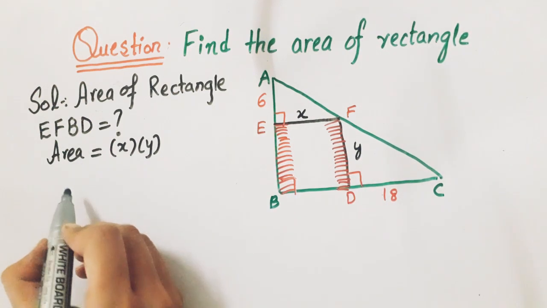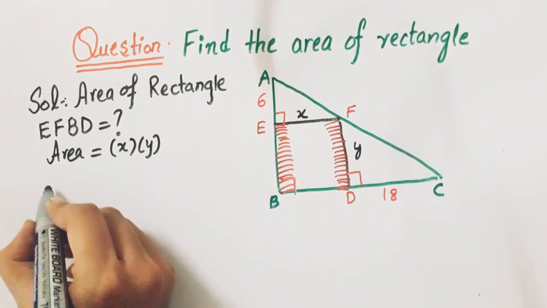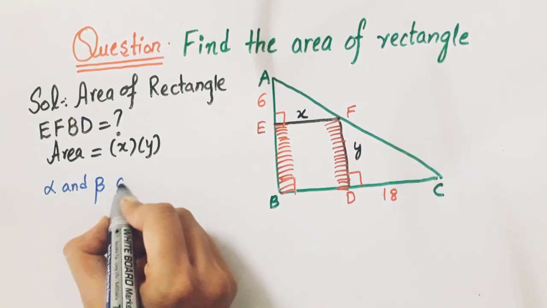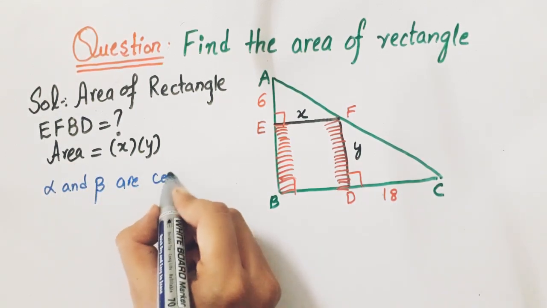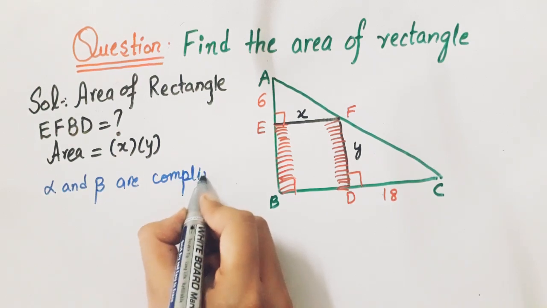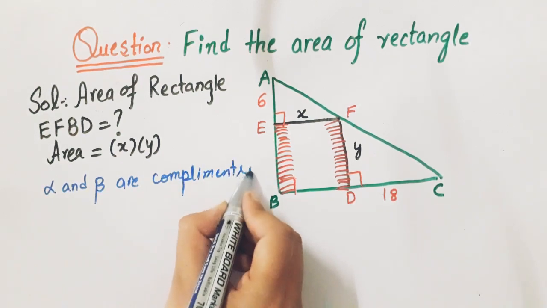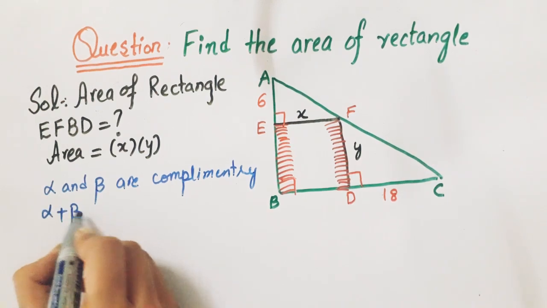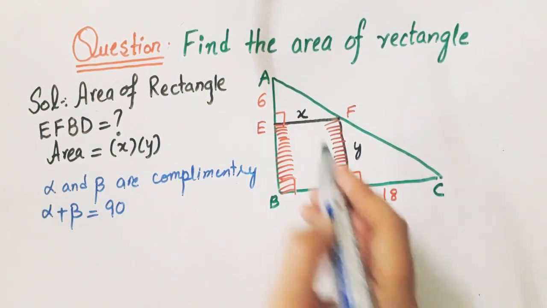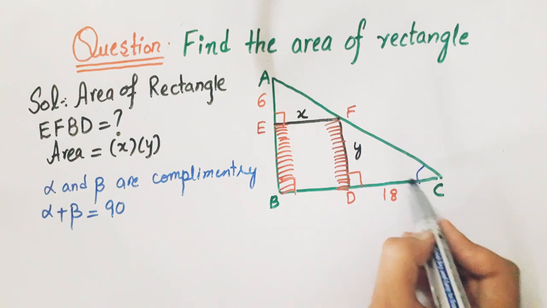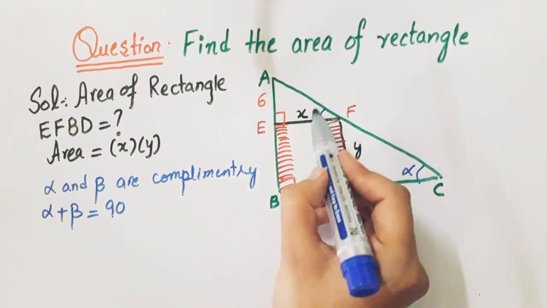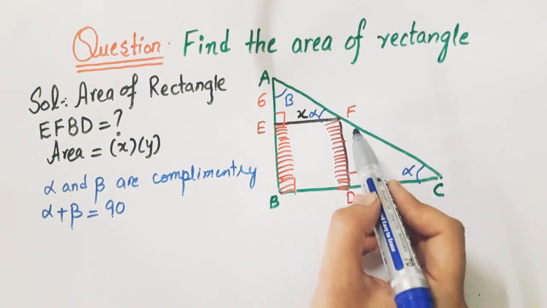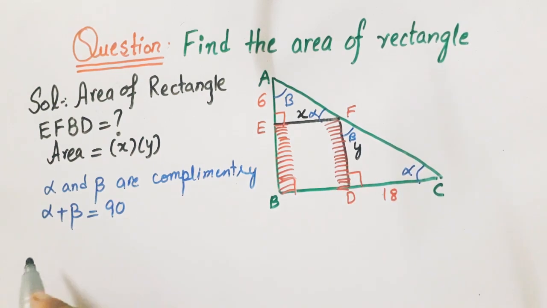So let's suppose there are two angles, alpha and beta, which are complementary angles. It means their sum is equal to 90. Let's suppose this angle is alpha, so this angle is also alpha, and this angle is beta, so this angle is also beta.